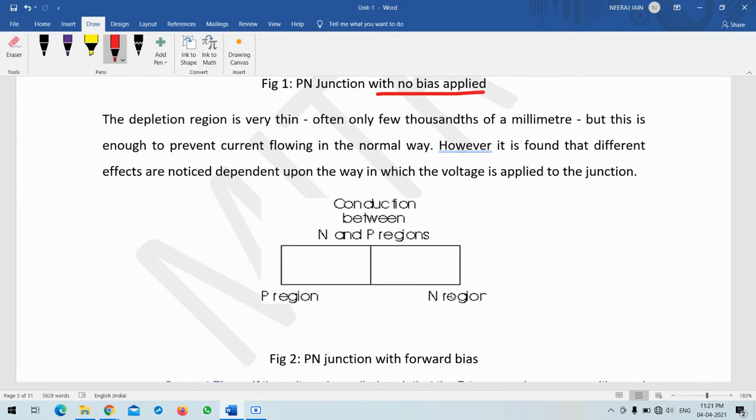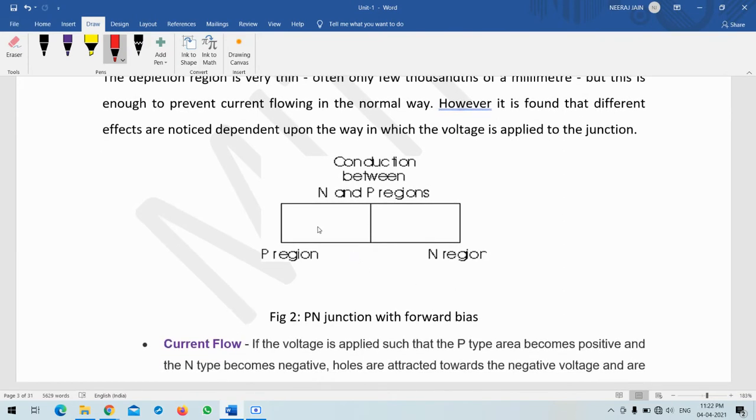Now, if we apply a forward voltage across the P and N regions, we take the PN junction and apply the forward voltage.